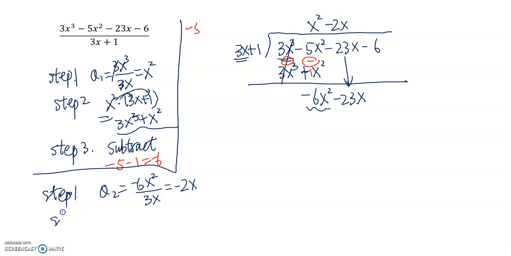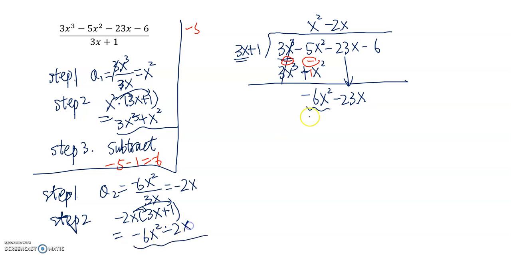So step 2, we multiply the quotient we just got with the divisor, 3x plus 1. Again, the whole process is imitating long division of numbers. After we distribute, we get -2 times 3, -6, x times x, x squared, and -2x times 1, that's -2x. So we're going to line up with the terms we have and do subtraction again.